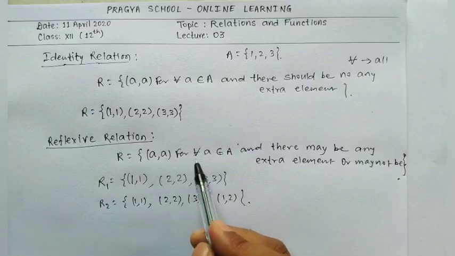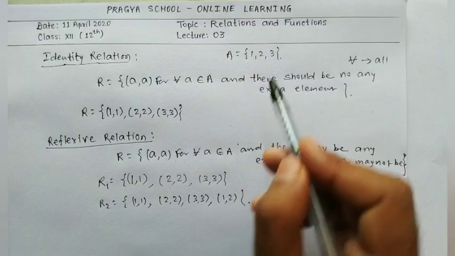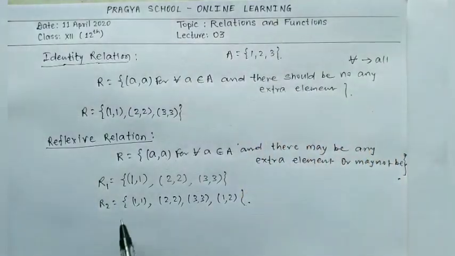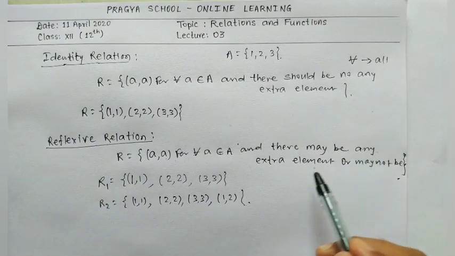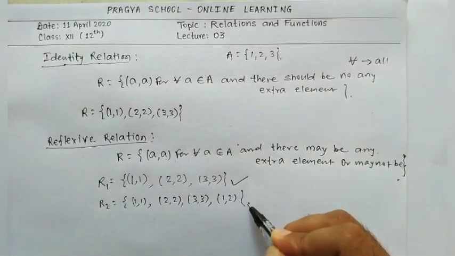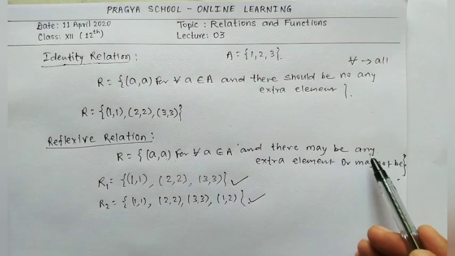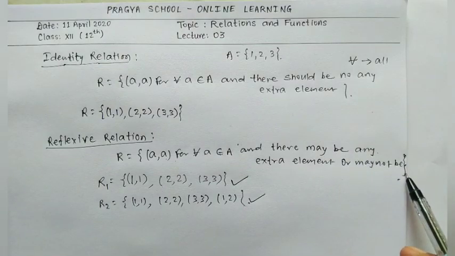There should be (A, A) for all A belongs to capital A. We have A equals {1, 2, 3}, so there should be (1, 1), (2, 2) and (3, 3), and after this there may be any extra element or may not be. In R1 we do not have any extra element. In R2 we have one extra element (1, 2). So in both cases it is a reflexive relation, according to the definition.